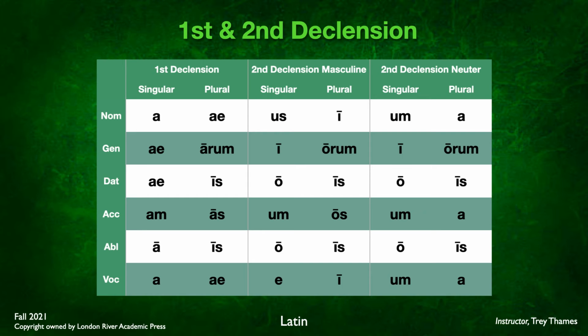Second declension masculine, us, e, o, um, e, orum, is, os, e. Second declension neuter, um, e, o, a, orum, is, a. So I would practice those, get those endings memorized, and you're going to be good to go. You can go ahead and pause here if you'd like to practice. If not, I'm going to move forward. If you practice, then I'll see you on the other side of the pause.